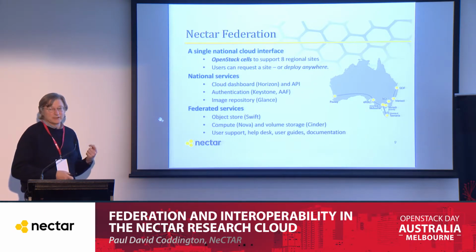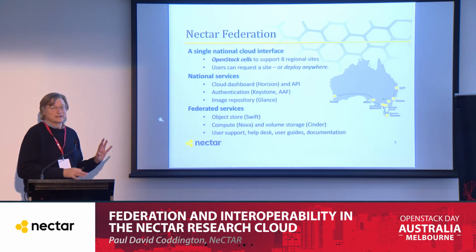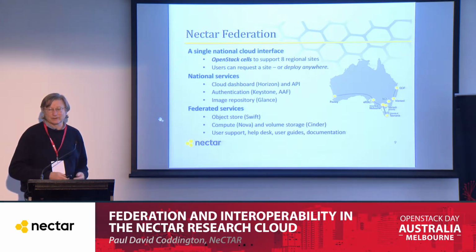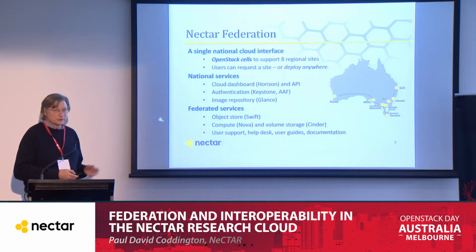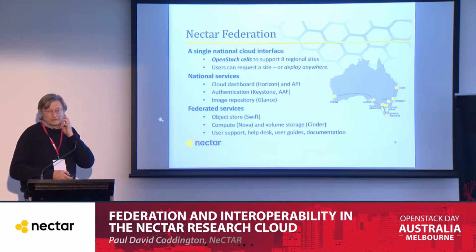That basically means people can log in with their institutional credentials. We don't need to set up a Nectar account or give them a special Nectar account. They just log in with their institutional username and password, and they automatically have a Nectar account, and away they go. So this has been extremely useful for driving uptake.